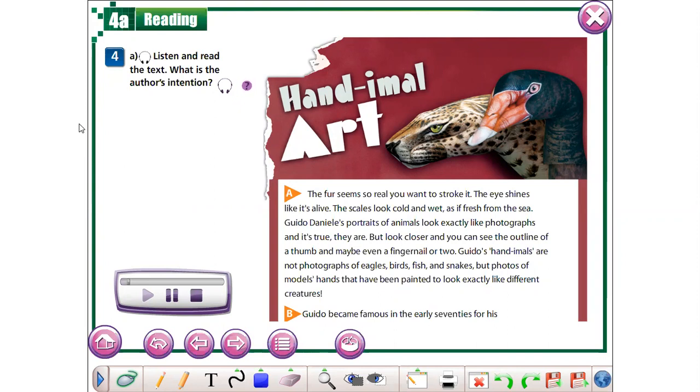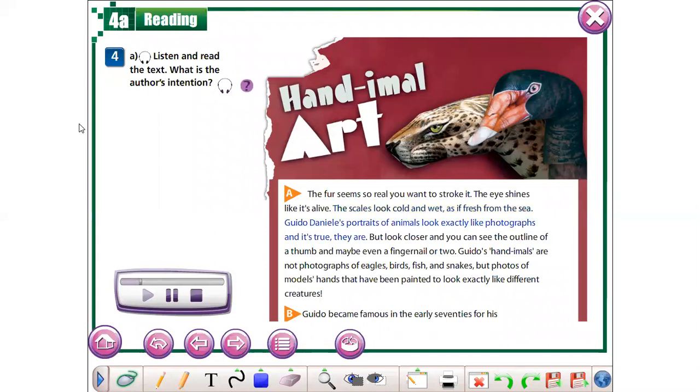Handimal art. The fur seems so real you want to stroke it. The eye shines like it's alive. The scales look cold and wet, as if fresh from the sea.